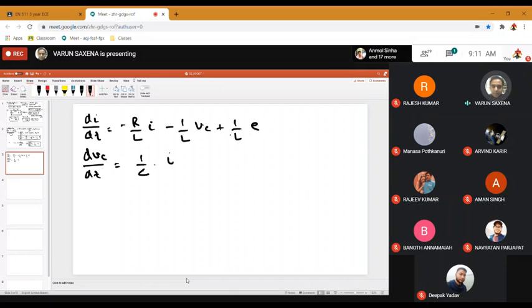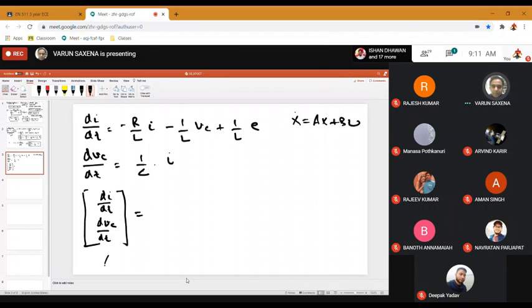So if I was to write it in this form, x dot is equal to Ax plus Bu, then that will be something like this. I will write di by dt, then I will write dVc by dt on this side. That is basically my x dot matrix.